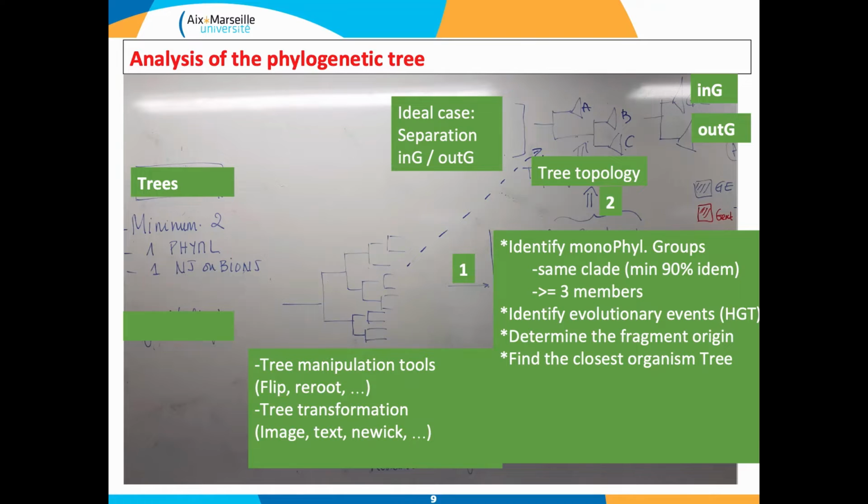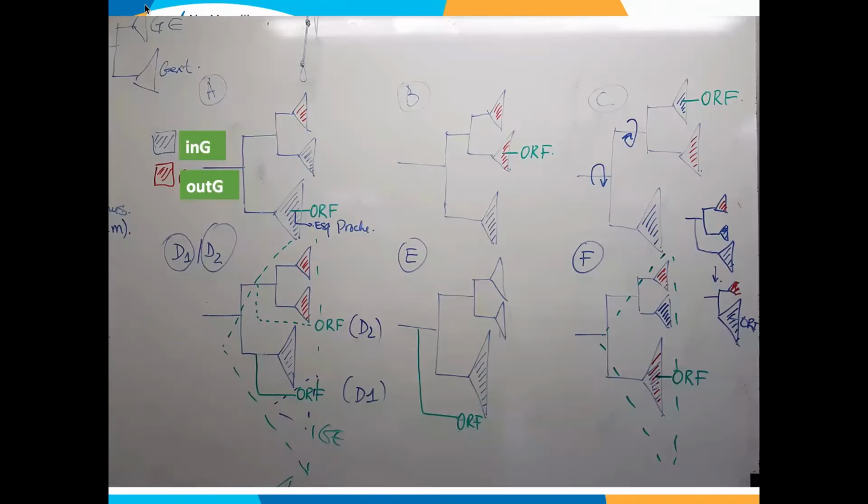Next I show you A, B, C, D, E, and F, some examples of the types of tree you can get.